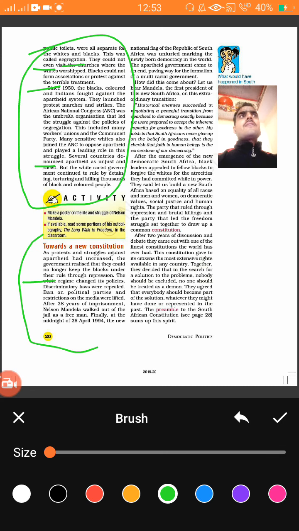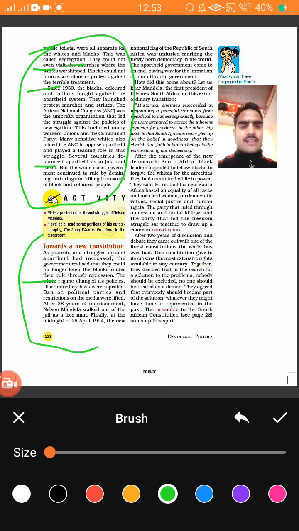Even Mahatma Gandhi spent so many years in South Africa. That's why you are studying about South Africa's struggles in the Indian education system. The apartheid government came to an end on 26 April 1994, paving the way for the formation of a multiracial government.